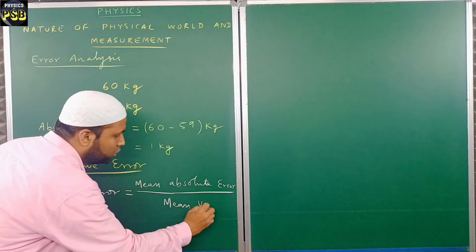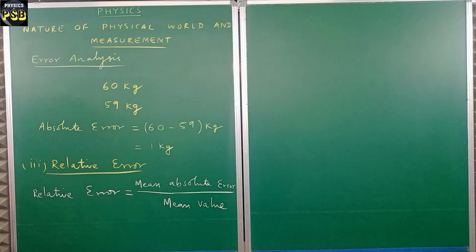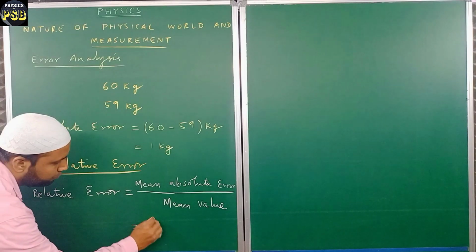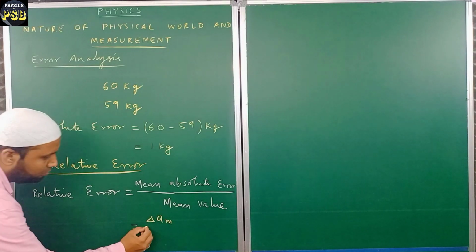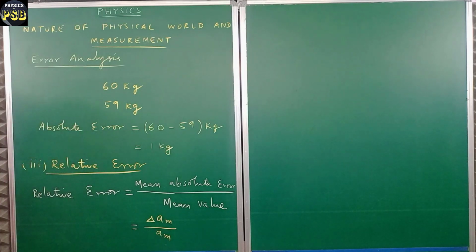Here the mean value actually represents the true value. I already told you how to get the mean value of a given quantity under measurement. Here the mean absolute error is represented as delta AM and the mean value is represented as AM. The ratio of these two is referred to as relative error, and it can also be referred to as fractional error.